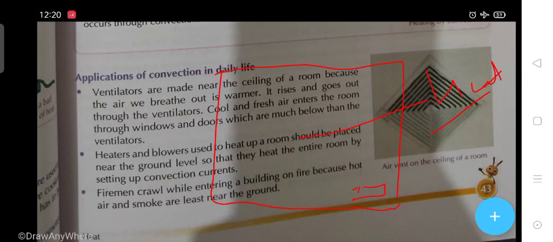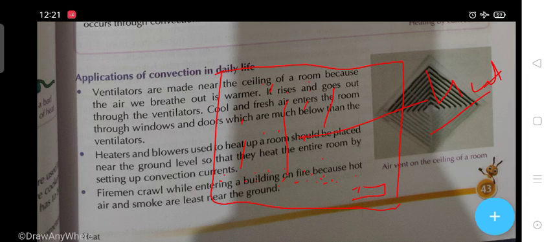The presence of the heater will heat the air present in the room, and one by one the molecules which are downside will get heated and become lighter, and will come to the ceiling side.